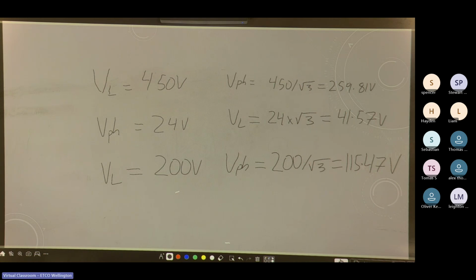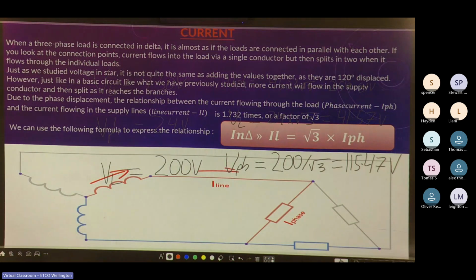In star, the voltage is affected by the square root of 3, and only in star. But when we look at delta, which is the triangle, the current is affected by the square root of 3. In star, current remains the same. If you think about star being series, your star current remains the same, and delta, which is your parallel, your voltage stays the same. That's a weird way to think about it.